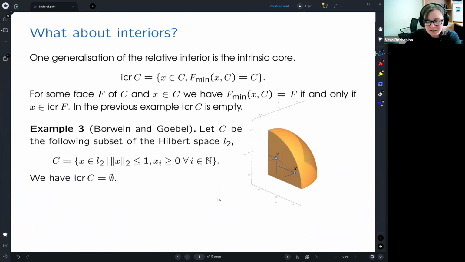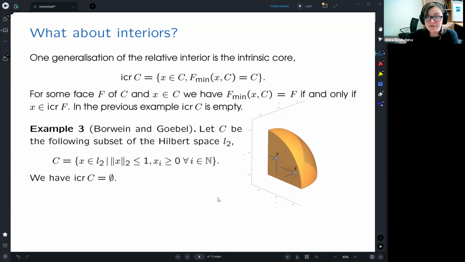In infinite dimensional spaces, things are more complicated than just having relative interiors, because relative interiors of convex sets can be defined in different ways. When I was talking about relative interiors, I defined the relative interior as the points in the set such that the minimal face for those points coincides with the set.